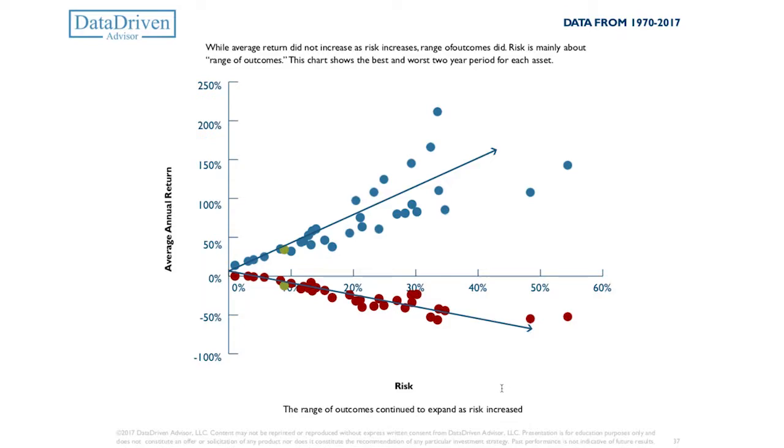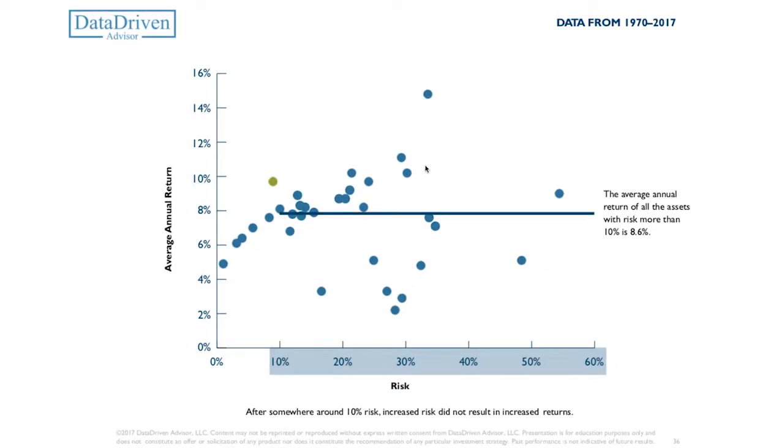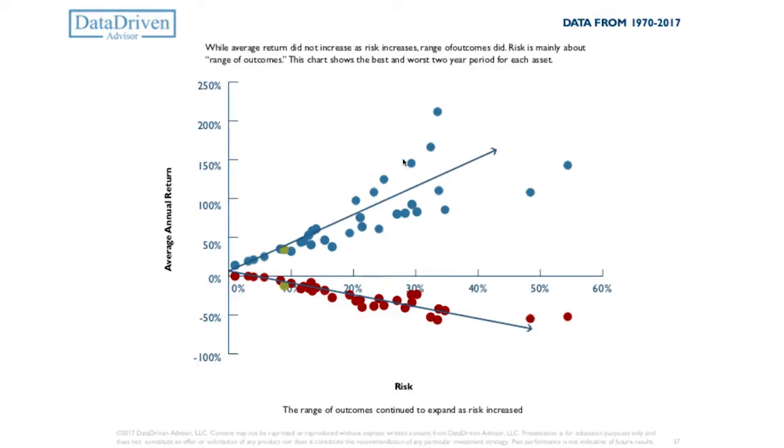So what this chart shows is for every single dot on this chart, we can take that dot and go down here and see the best 2-year period and the worst 2-year period for each investment. And that globally diversified portfolio is highlighted in green, the best 2-year period and the worst 2-year period. So you'll note that this chart tells a different story.